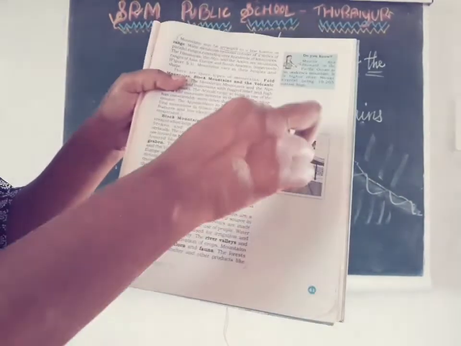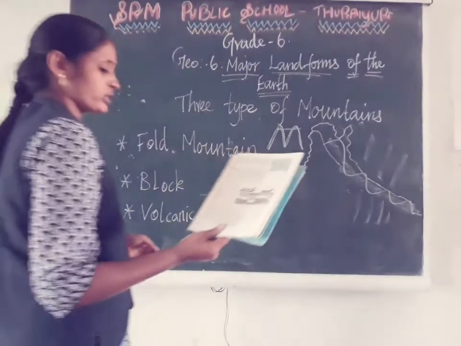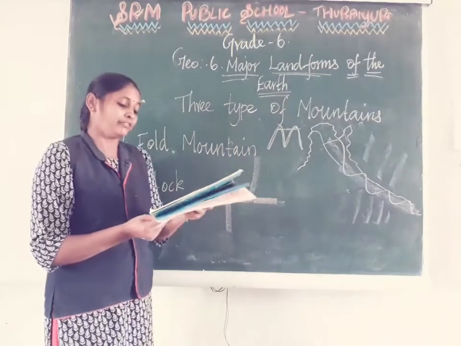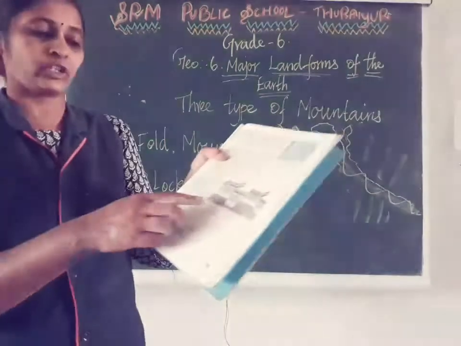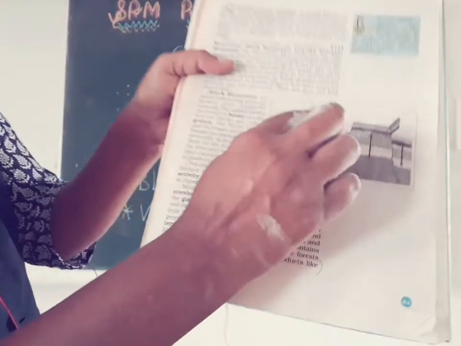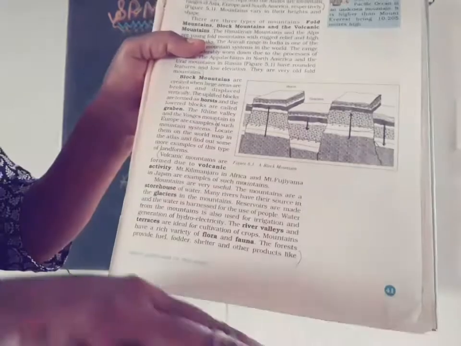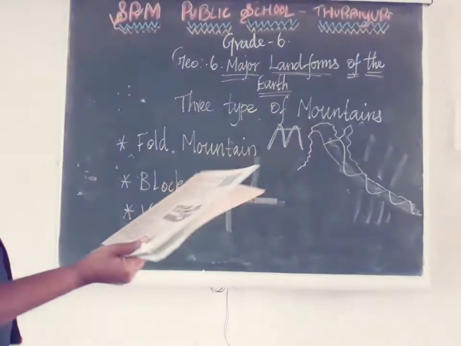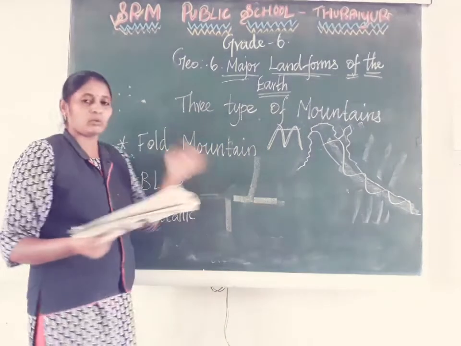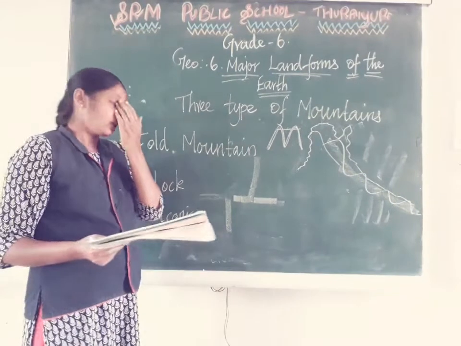The uplifted blocks are termed horsts, and the sunken areas are called grabens. There are many block mountains, which you can refer to in an atlas.